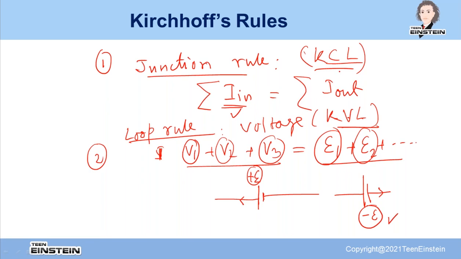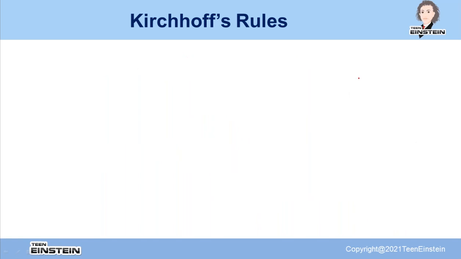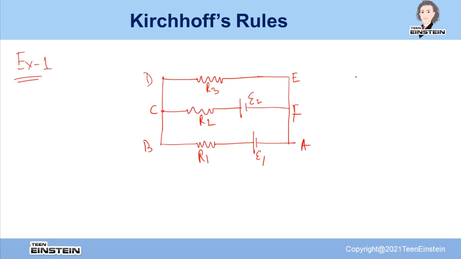This is a general example. Suppose I have this circuit. I have to apply KVL and KCL, or I'll just write the KCL and KVL for this circuit.